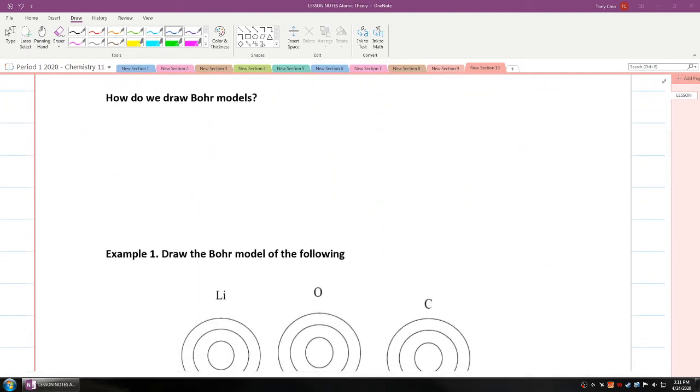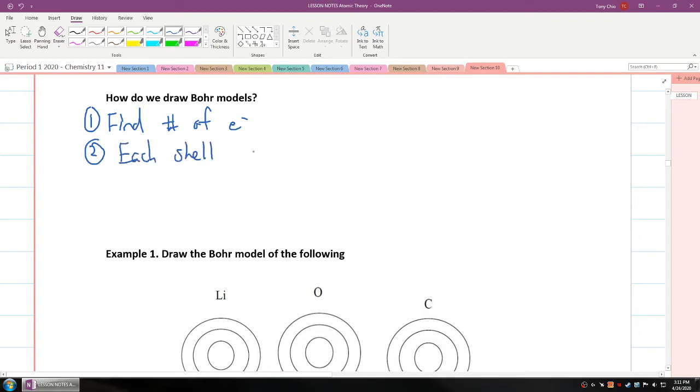So let's start off with drawing Bohr models. How do we draw Bohr models? Well, the first thing we want to remember is to find the number of electrons. You need to know the number of electrons this atom has. Number 2, remember each shell fills to a max of 2, 8, 8, 18, and so forth.